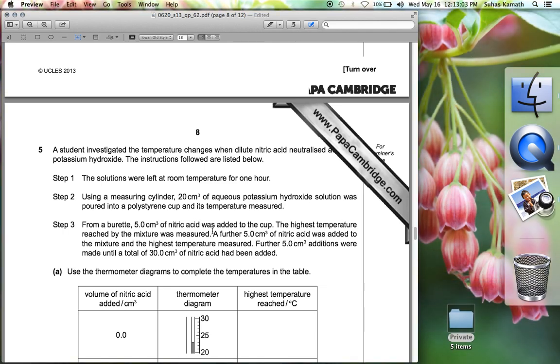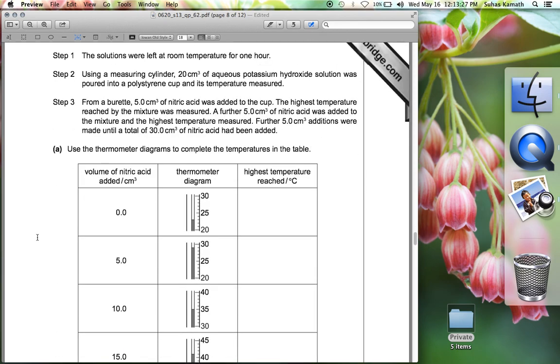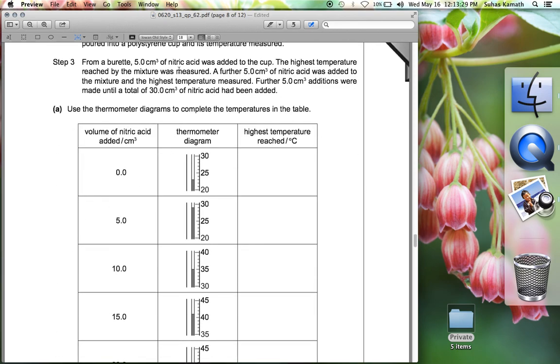So just understand it, read it once again. Okay, so you'll have to do this. So a total of 30 cm³ were added.